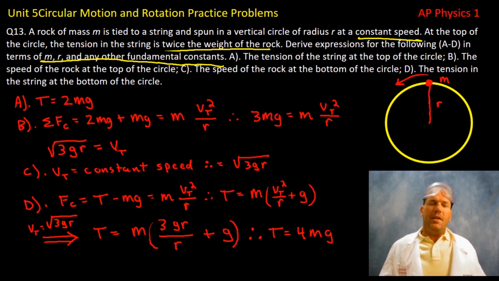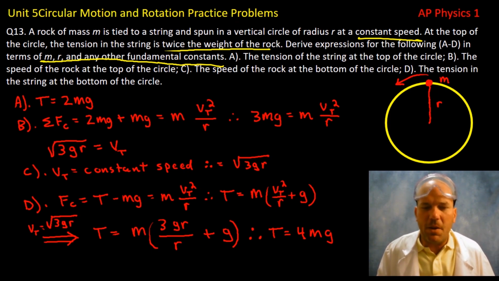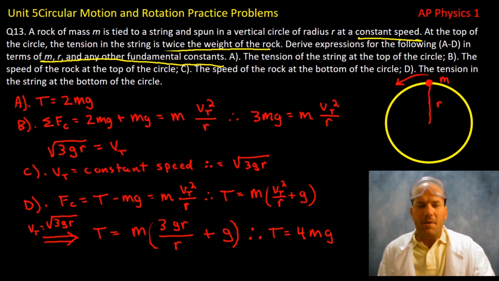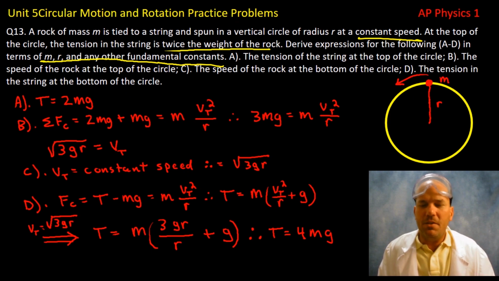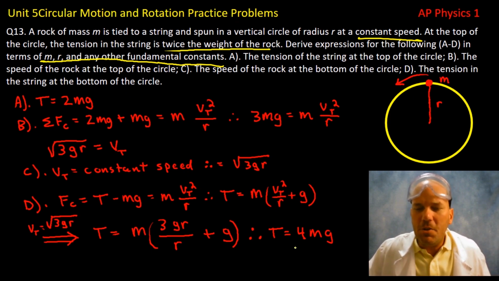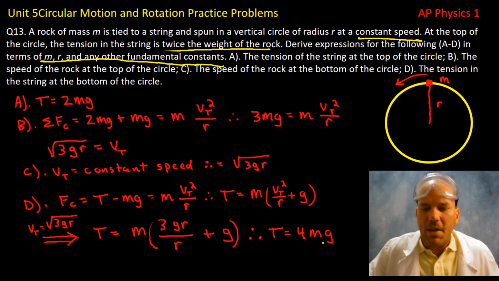Therefore, we can simplify this expression and solve for the tension at the bottom of the loop, and we get that the tension at the bottom of the loop is 4 mg.